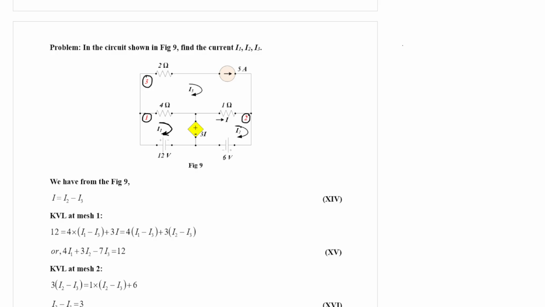Similarly, the current flowing through mesh 2 is I2, and the current flowing through mesh 3 is I3. So I1, I2 and I3 are all called mesh currents.